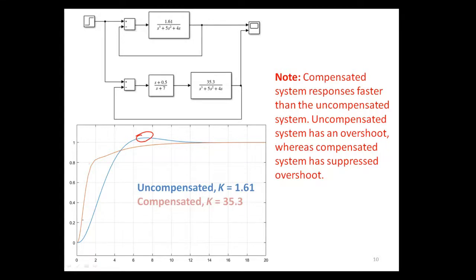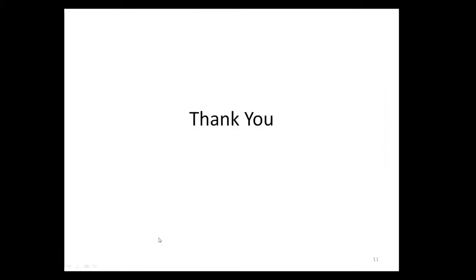You may see that the response is faster, and at the same time it eliminates the overshoot of the system. Therefore we may say that the overall transient response of this system has been significantly improved.